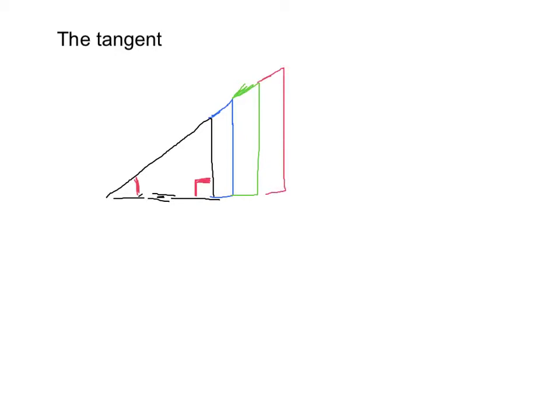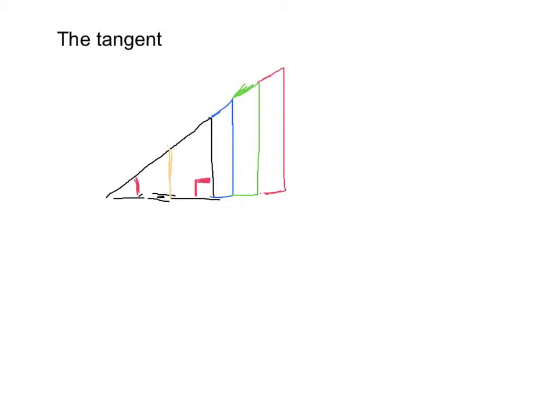So now we have 4 triangles here, where they all have a right angle and they all have the same angle on this side. We have the blue one, the green one, the red one, and of course the black one. Let's make one more, one that's smaller, so that you can see this case also.